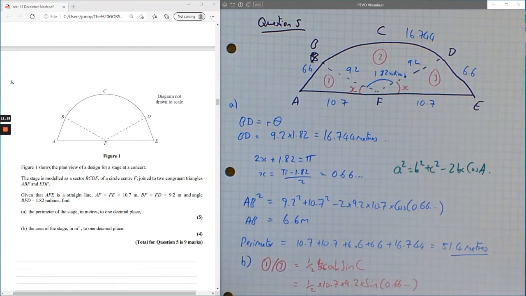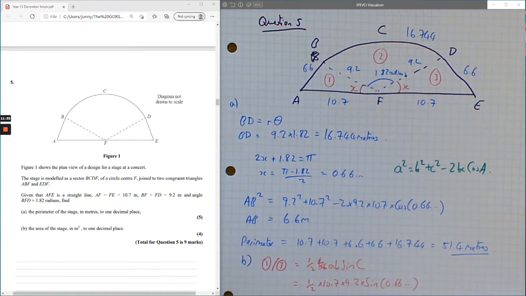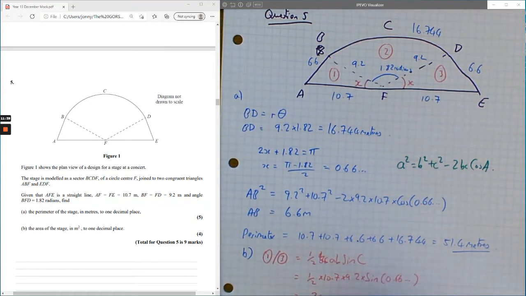I'll use the full accuracy this time. Okay, so that should be 30.20856.